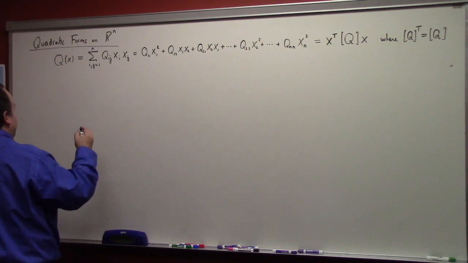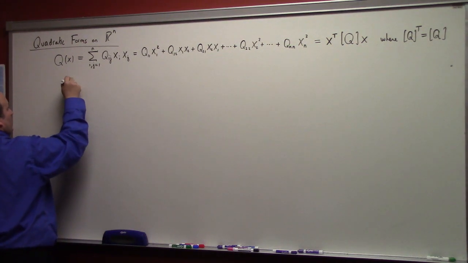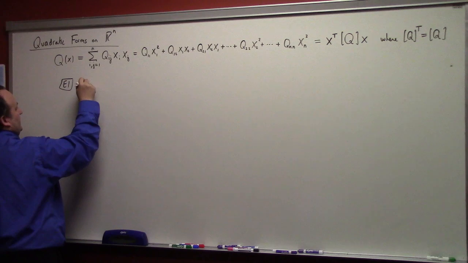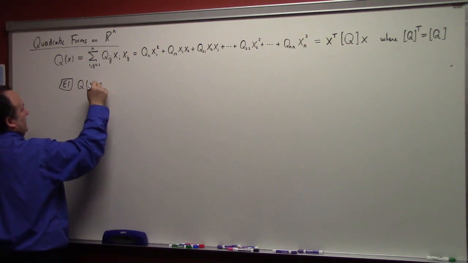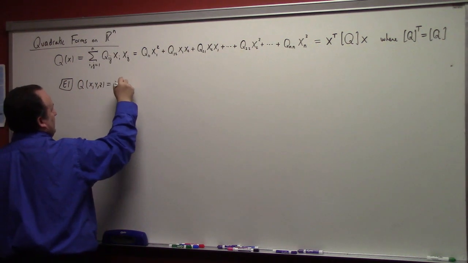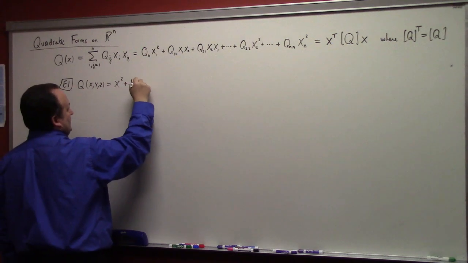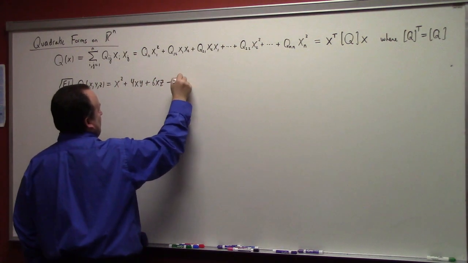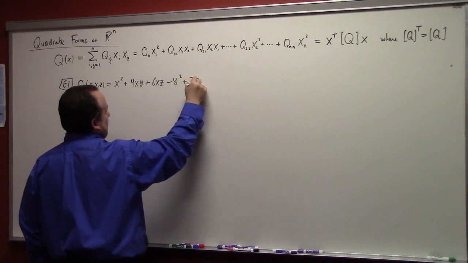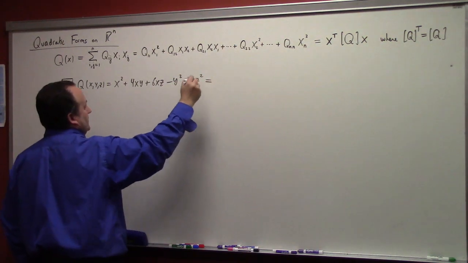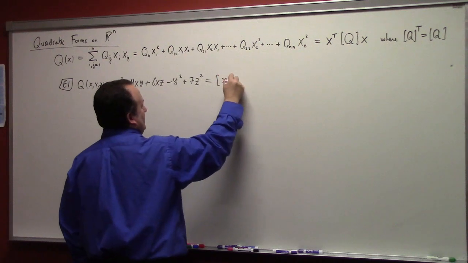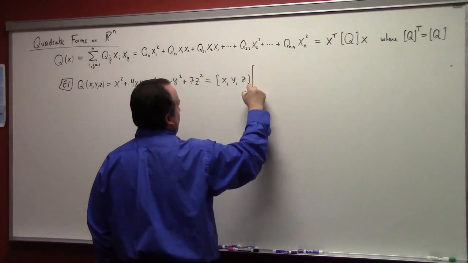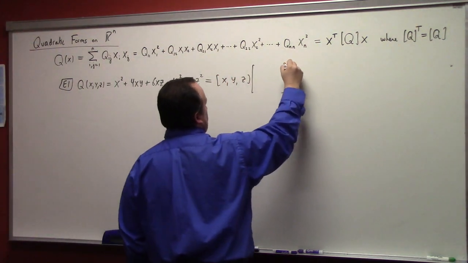So for example, we could have q of xyz equals x squared plus 4xy plus 6xz minus y squared plus 7z squared. All right, and I can write that like so.